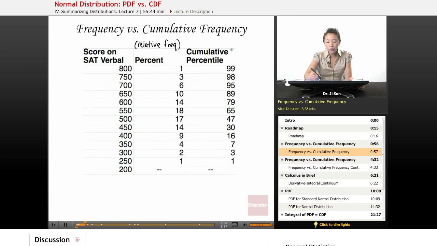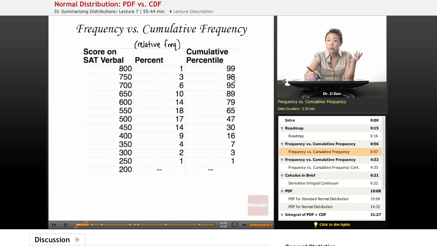But one of the things you want to notice is that with cumulative frequency, when you just look at the number right away, you don't know how common that score is. So when you look at 98%, you don't know how common 750 as a score is. But you could easily find that out just by looking at the difference between 98 and whatever cumulative frequency came before it. So that difference is 3.